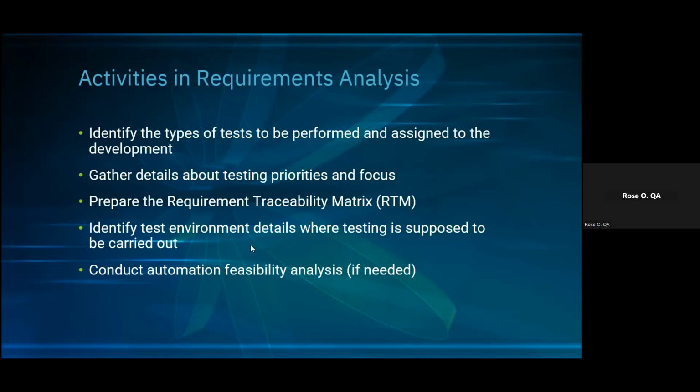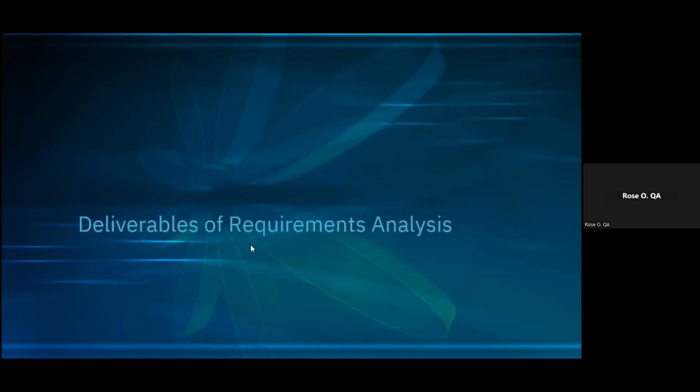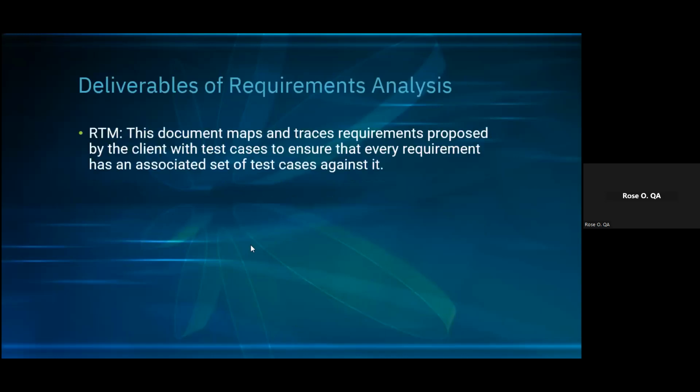Then conduct automation feasibility analysis if needed. We talked about the deliverables of requirements, which is to produce the RTM document, the requirement traceability matrix document. It's merely an Excel sheet. In the Excel, you can pick up all the requirements, even if you don't add them while writing your test cases. Naturally, when you're writing your test cases, each test case will have an ID.